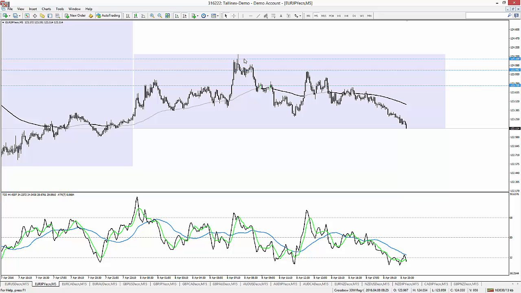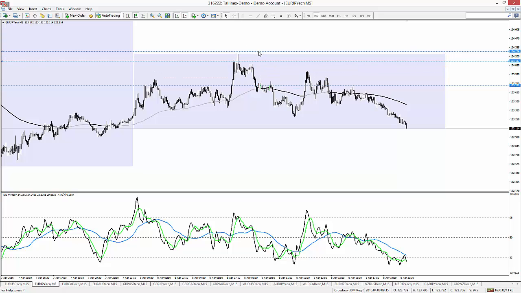So my pending short order in this particular setup would be right here. And then my stop would be here. And then I would try to take this for a profit of, in this particular case, this is a bad example because this wouldn't have been filled. But this is what I'm looking for. So it's almost like a double top, if you will. And this would be a pending order.